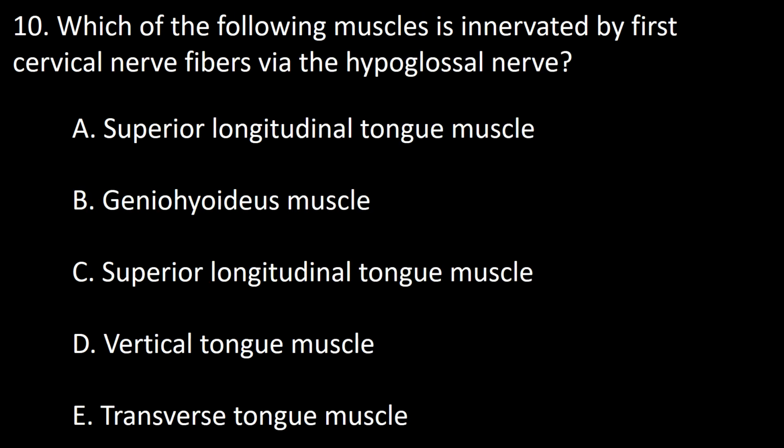Next question. Which of the following muscles is innervated by the first cervical nerve fibers via the hypoglossal nerve? A. Superior longitudinal tongue muscle, B. Geniohyoid muscle, C. Inferior longitudinal tongue muscle, D. Vertical tongue muscle, E. Transverse tongue muscle. This is a representation of the hypoglossal nerve and the cervical plexus.